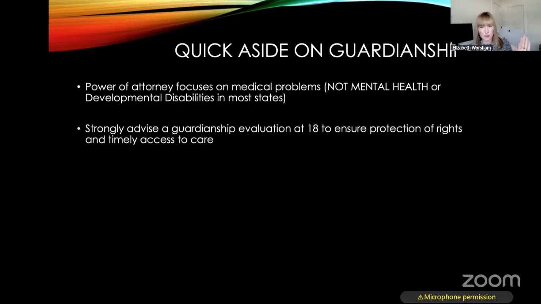They are not the same thing. Power of attorney focuses on medical problems, not mental health and not developmental disabilities. This is in most states. Every state is different, but I strongly advise a guardianship evaluation at 18 to ensure protection of a person's rights and timely access to care.